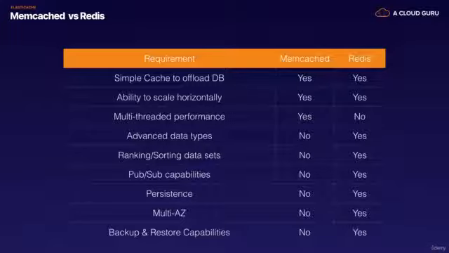If, however, you're going to need advanced data types, ranking and sorting data, pub/sub, so publishing and subscribing capabilities, multiple availability zones or persistence, or the ability to do backup and restores, then you're going to use Redis. So if you want multi-AZ, backups and restores, and more advanced data types, use Redis. If you just want something simple and easy to get started with, then you want Memcached.